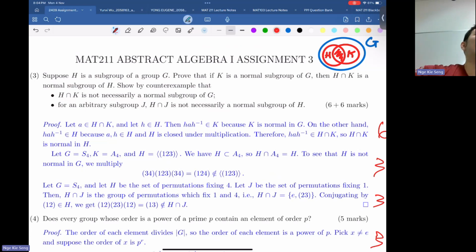Maybe yes. Yes or no? In math it's just yes or no. Do you think yes or no? Yes? Why?